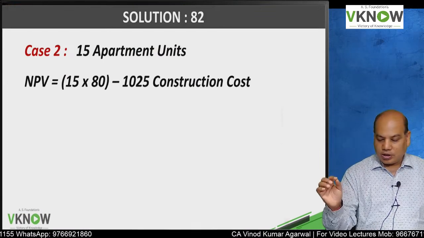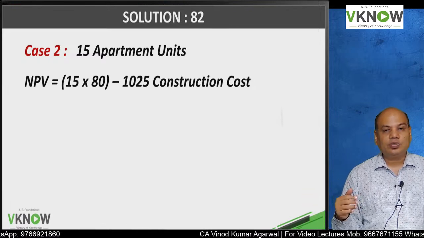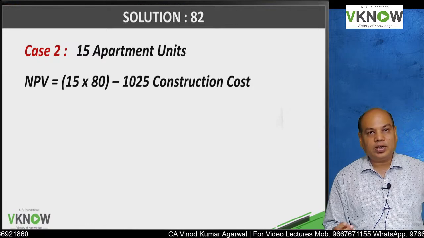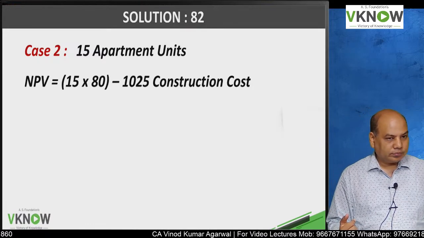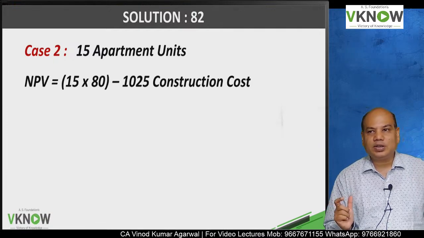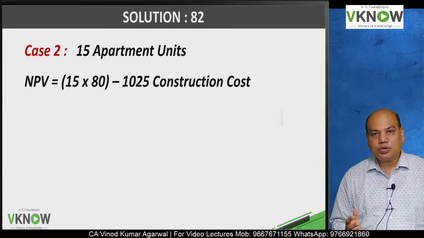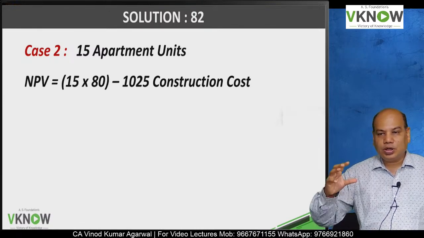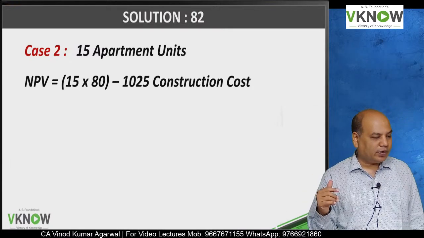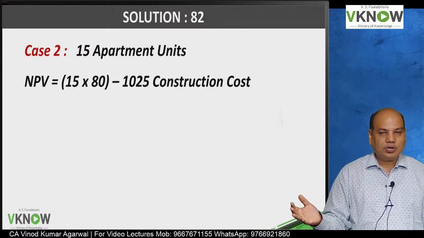Now write down case 2, 15 apartments. Suppose I want to construct and sell 15 apartment units. What will be my NPV or profit? So 15 into 80, selling price per apartment is same, but the construction cost will not change proportionately. They have given you, if you construct 15 apartments, then the cost will be 1025. You will say, sir, it is not matching, 600, it should be 900.